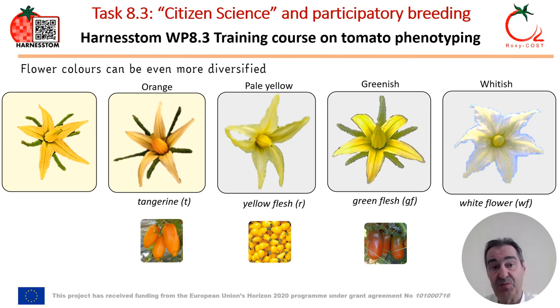Green flesh, a mutation due to an effect in chlorophyll degradation, has a greenish flower. And finally, the white flower mutation, again affecting a carotenoid biosynthetic gene, has a whitish flower color.